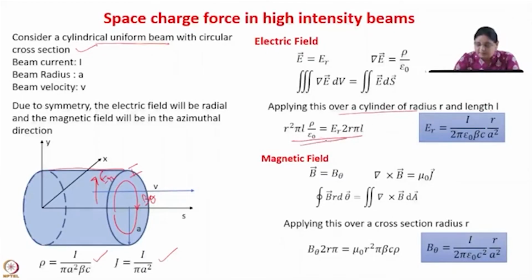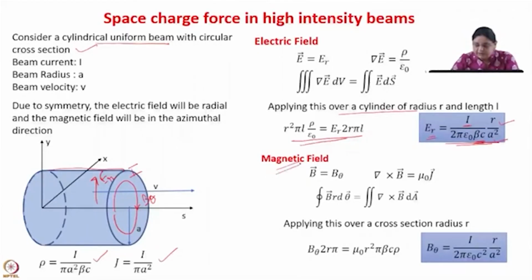And by simplifying this further, we get the radial component of electric field as this expression. So we see that it depends upon the beam current. Higher the beam current, higher is the radial component of electric field. It depends upon r, the distance from the center, and also on the beam size.